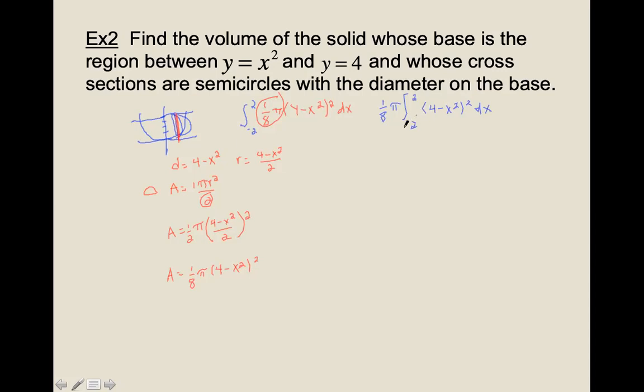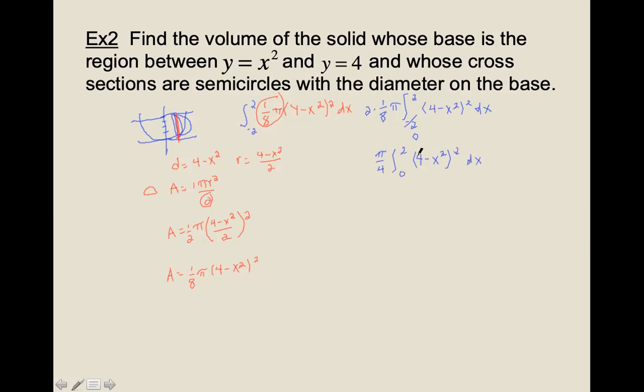So if I change this to 0 and multiply by 2, I now have on the outside 1/4 pi, or pi over 4, times the integral from 0 to 2 of 4 minus x squared. So we've already done this work, right?